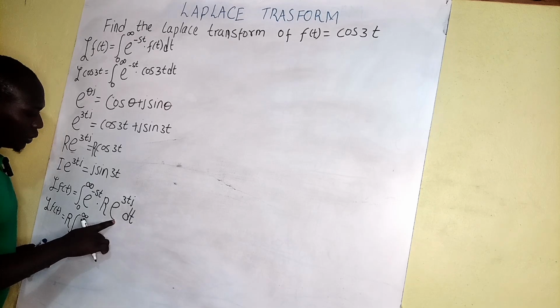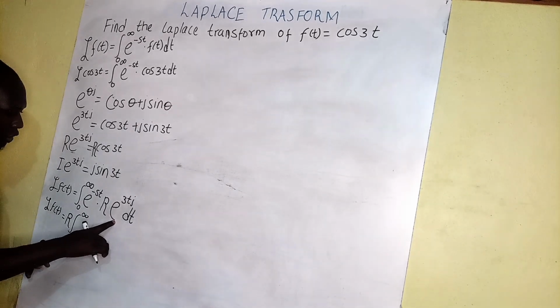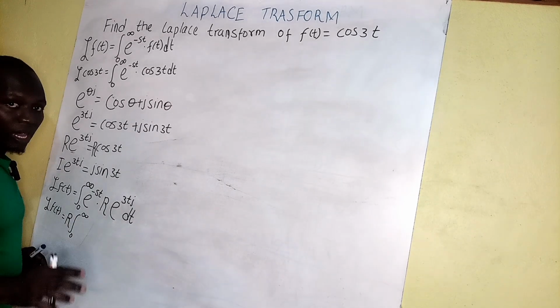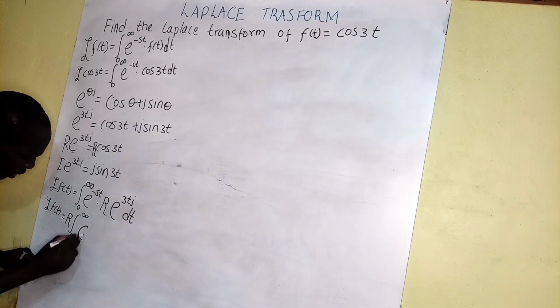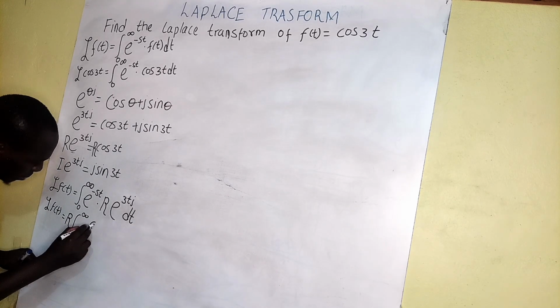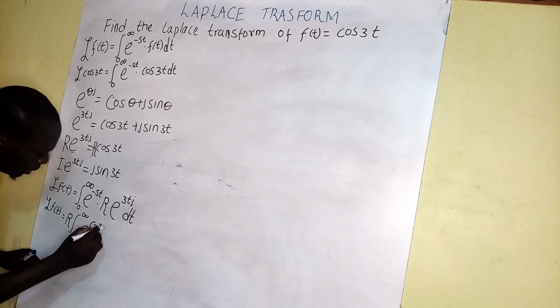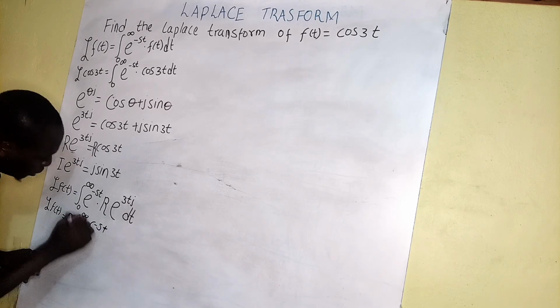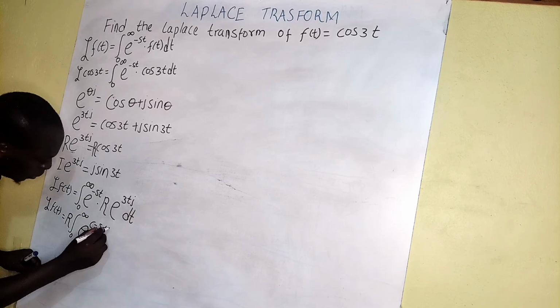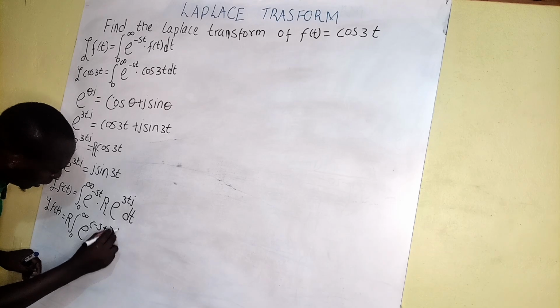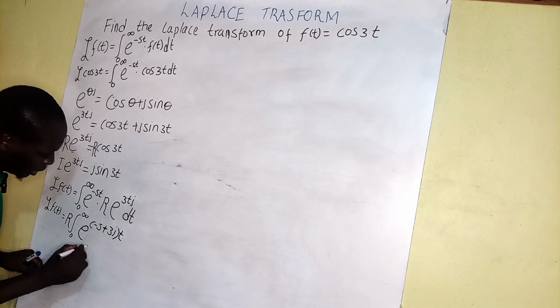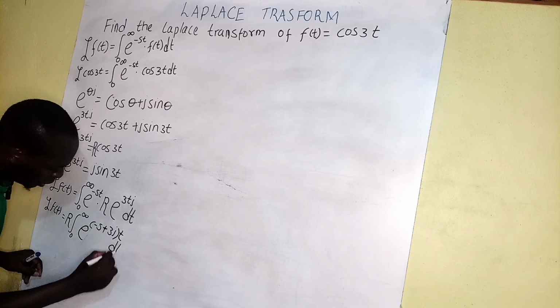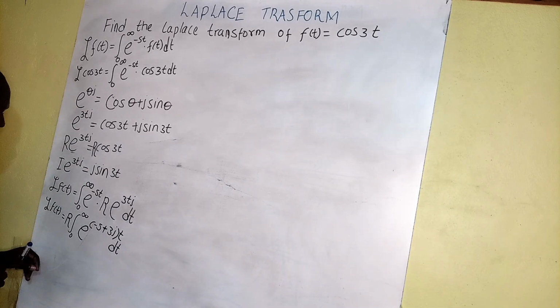We are going to reduce the exponential part by using the laws of indices, and here it is a multiplication. So we are going to have exponential in bracket negative s, and because of the multiplication we add 3j, and we had a common term of t, so we factor it out, and our integration is with respect to dt.